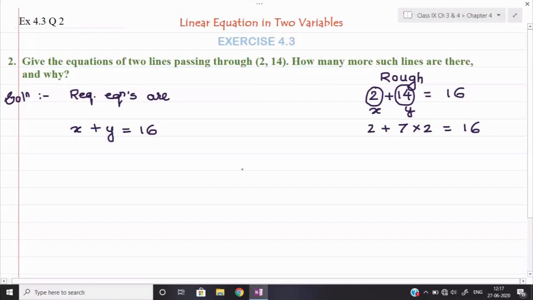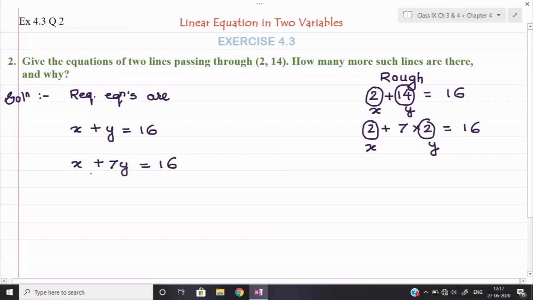Similarly, look at the second equation I wrote here. This 2 for some time you take it as x and this 2 is also taken as y. So what is the equation you are getting here? Observe, x plus 7y is equal to again 16.